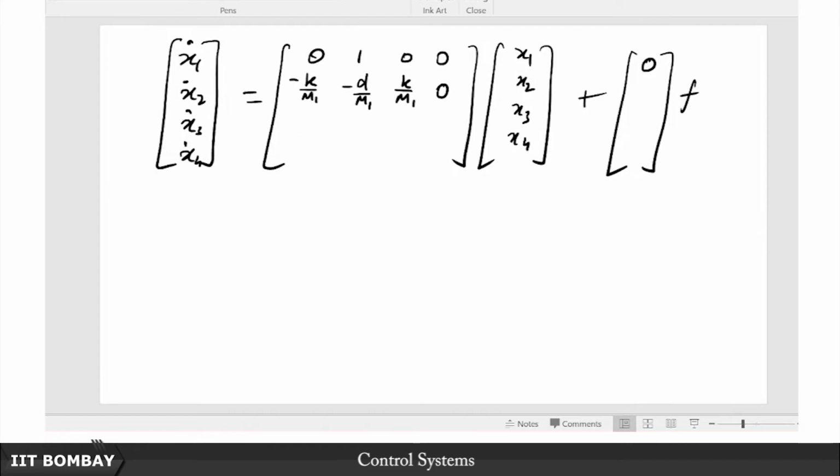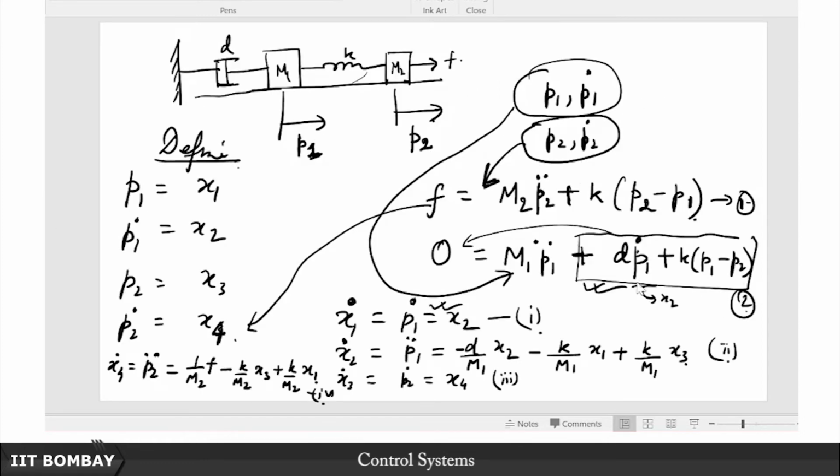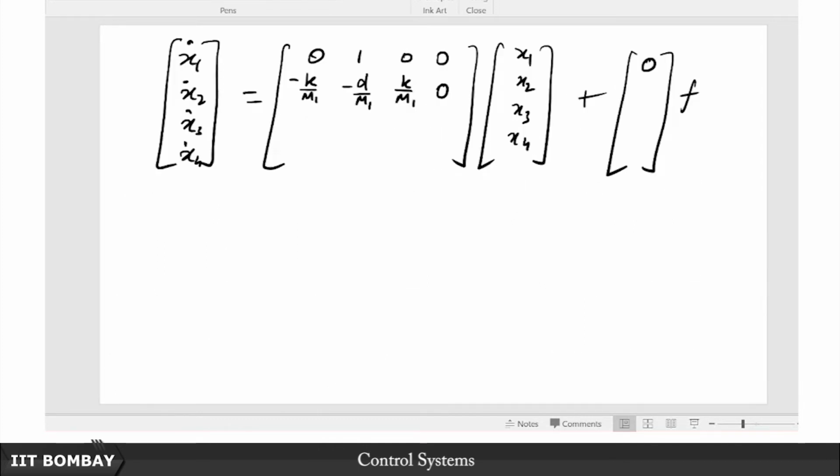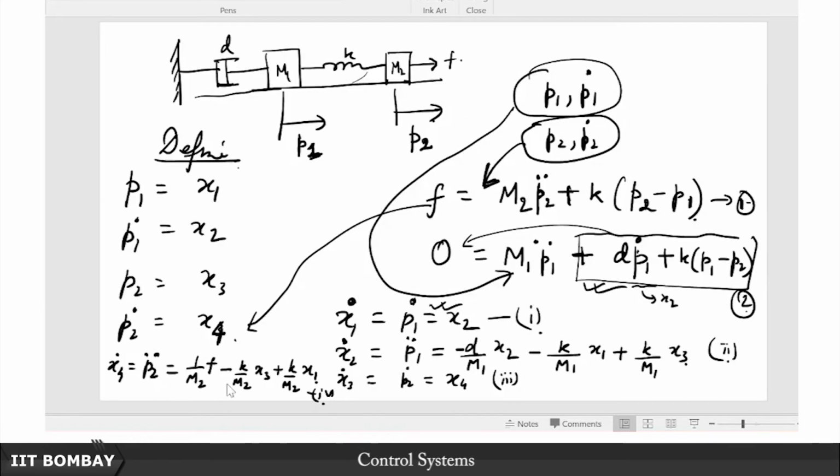What about the third? Let me fill out the corresponding B vector as well. The second equation has no externally applied force F, so this is also going to be 0. The third equation, x3 dot is equal to x4.